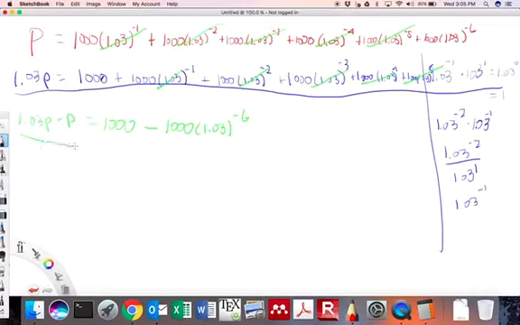And notice on this left-hand side, both of these terms have a factor of P. Remember, terms are separated by addition, and this is addition of the opposite of P. And this means 1P. So P times the quantity 1.03 minus 1. Both of these terms have a factor of 1,000. 1 minus 1.03 to the negative sixth. 1.03 minus 1 is 0.03.